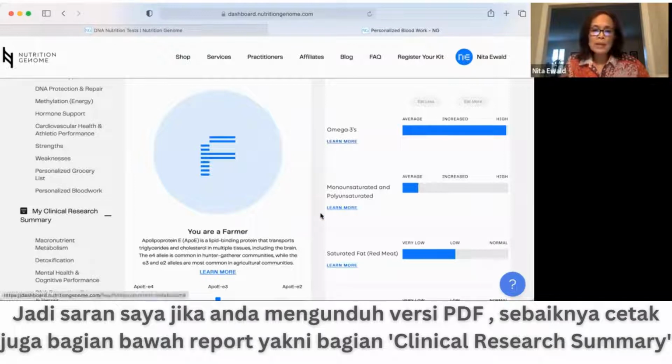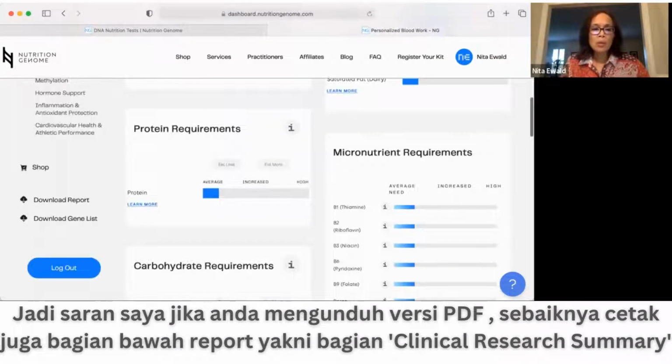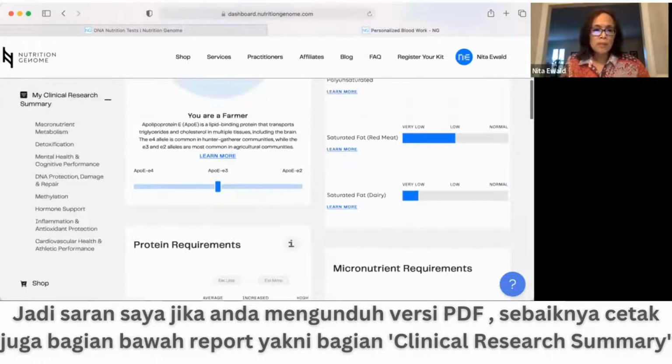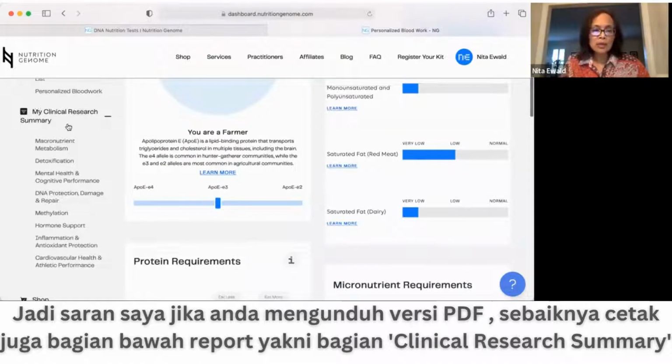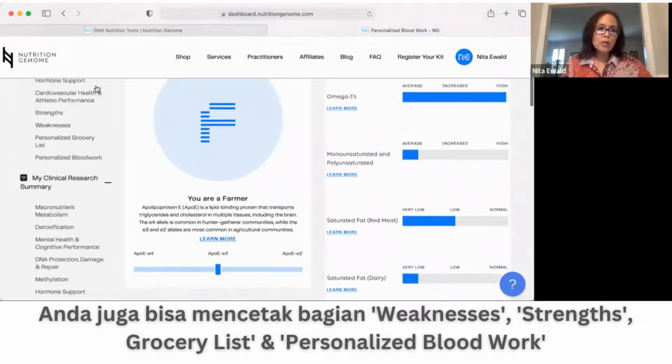So my suggestion is when you download it, you print out the bottom portion, which is the clinical research summary. And then you can also print out your strengths, your weaknesses, the personalized grocery list, and then personalized blood work.